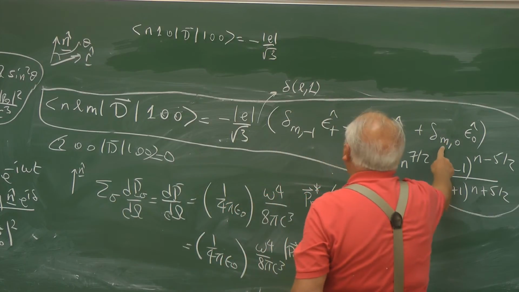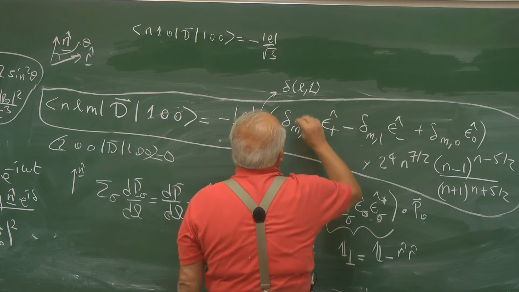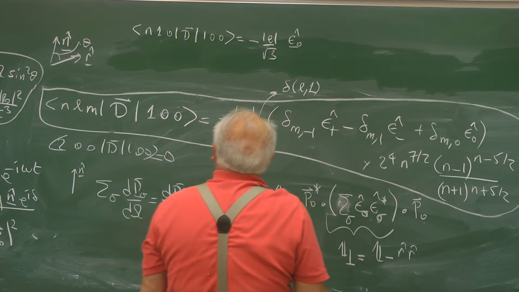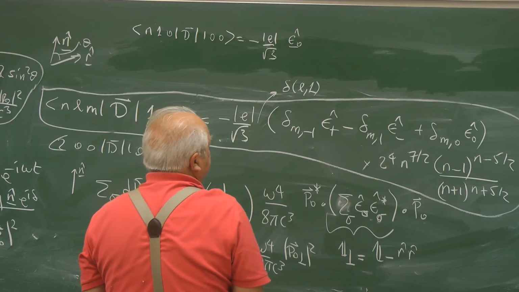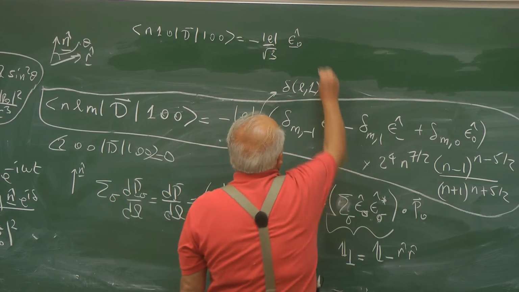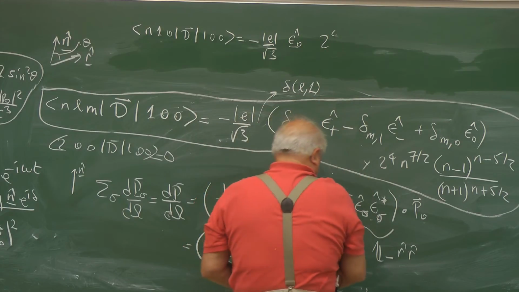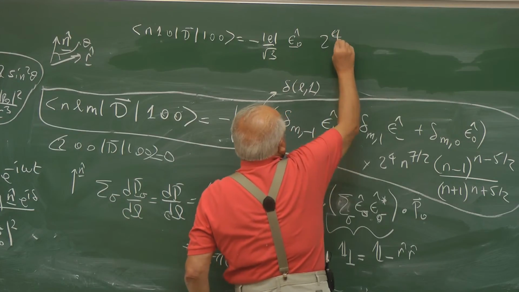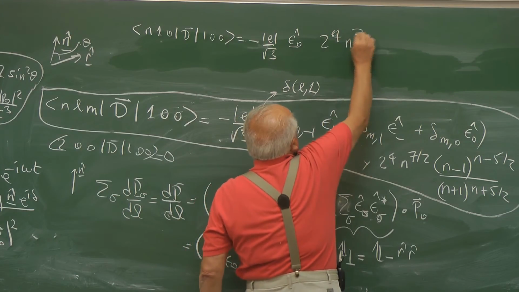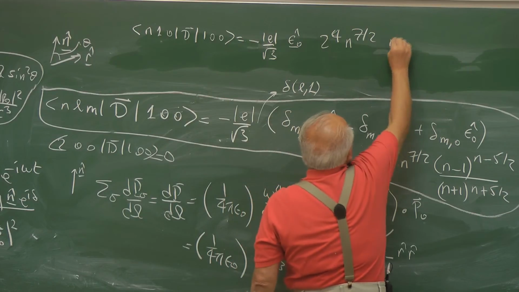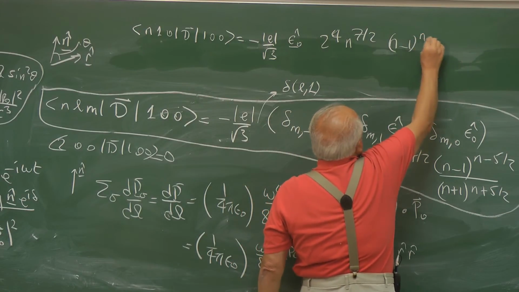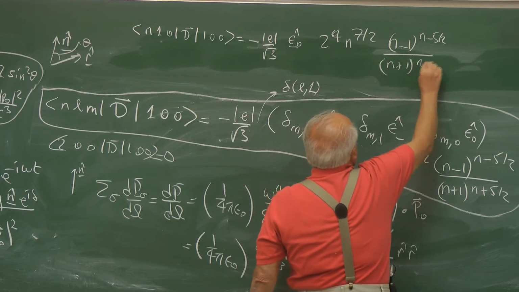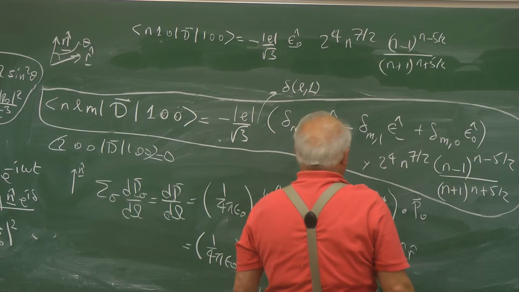I'm just taking this one, delta m. I'm taking the m equals 0 state, so it is epsilon 0. That's our dipole in the z direction, times 2 to the 4, 2 to the 4 and 7/2 and minus 1 and minus 5 over 2 divided by n plus 1 and plus 5 over 2. That's it.